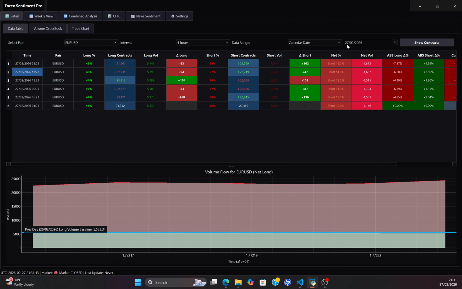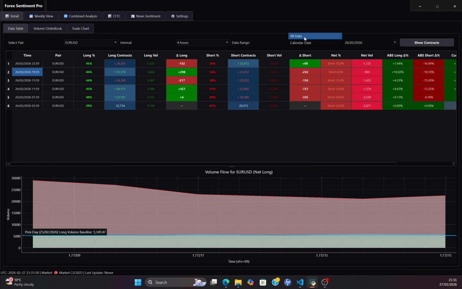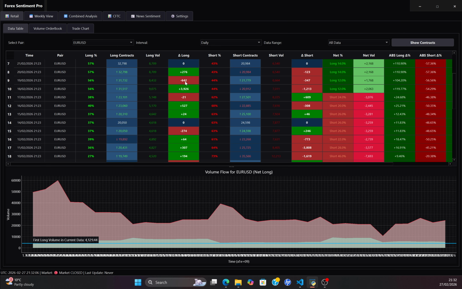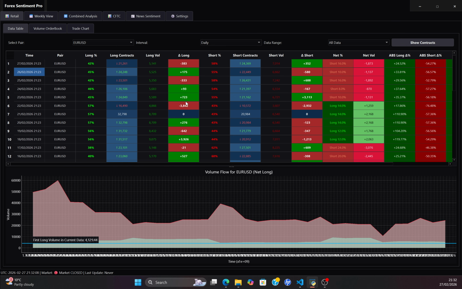This is for today, Friday, 27th of February. If you select this one here on a calendar date, you can select a specific date, or you can select all data available in your database, and you can select daily, so you can see how retail trader positions change over days, or you can go weekly.